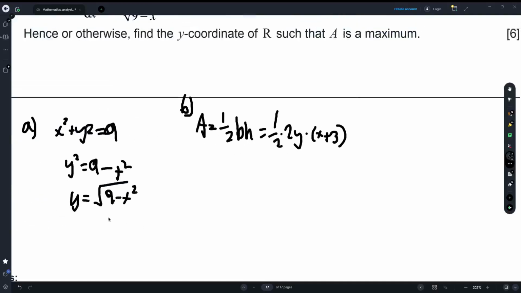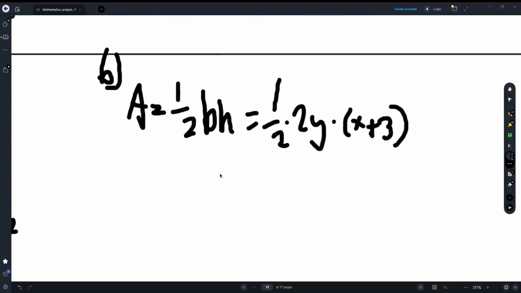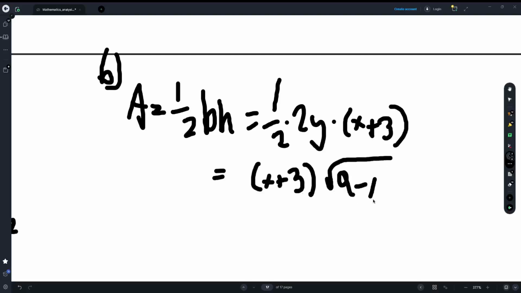And we know that y from earlier is root 9 minus x squared. So let's cancel the half already. So we just get A equals x plus 3 times root 9 minus x squared.